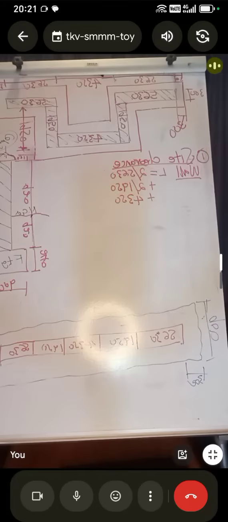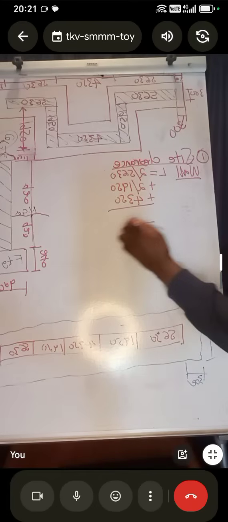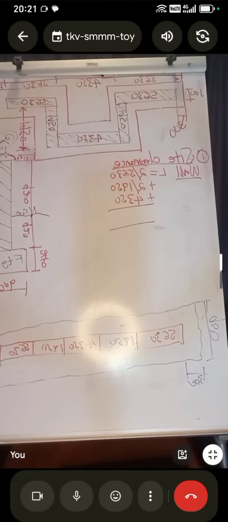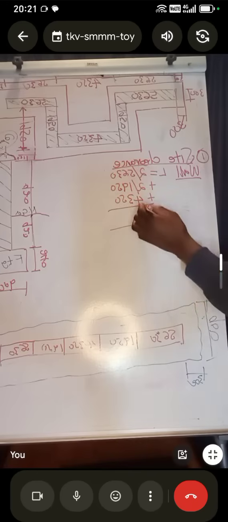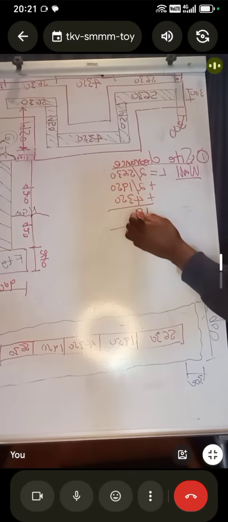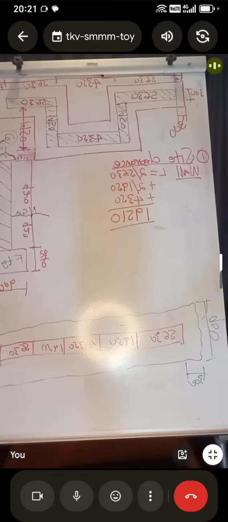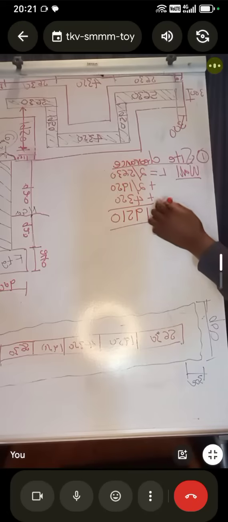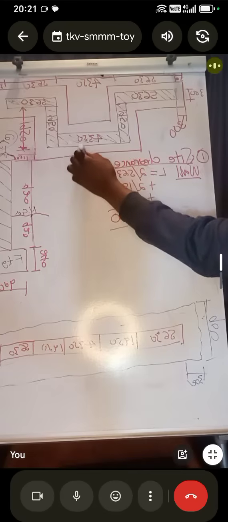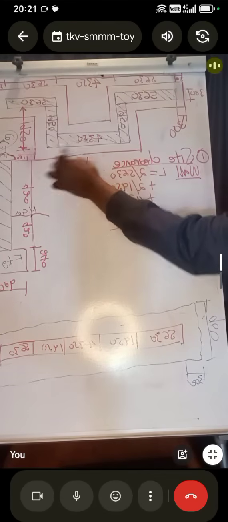First of all, let's just get the length there. What is the length here? 19,510. This is what you're getting? Yes. That is the length of the wall. Don't get confused. Now, from that, they said we must clean the side 1.3 around the garden wall.